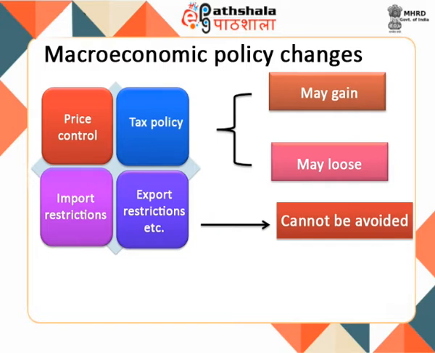For instance, if a government adopts policies like price control, tax policy, import or export restriction, etc., which may produce risk, an entrepreneur may be the gainer or the loser in these situations. These risks cannot be avoided by buying insurance or in any other way. Therefore, entrepreneurs have to undertake these risks and claim profit as a reward for bearing these risks.